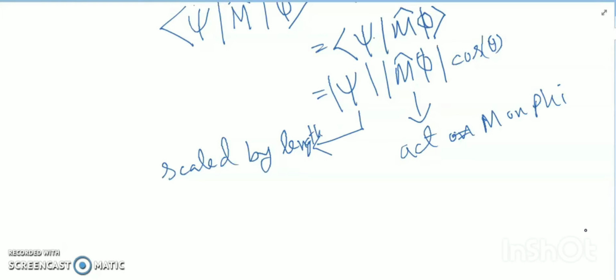Now we want to investigate: do we have an operator N that we can apply to psi instead and give an equal inner product?